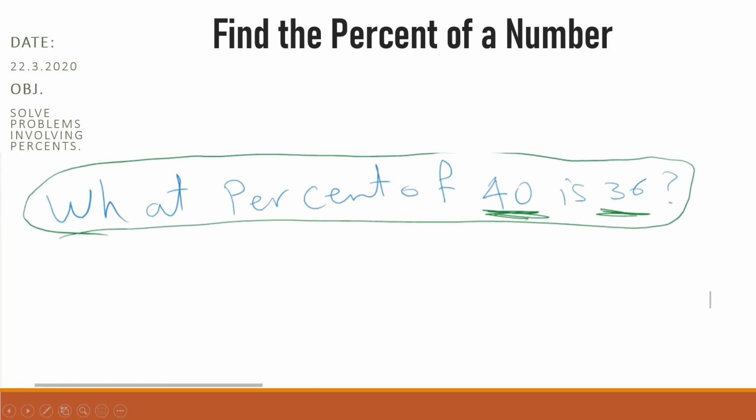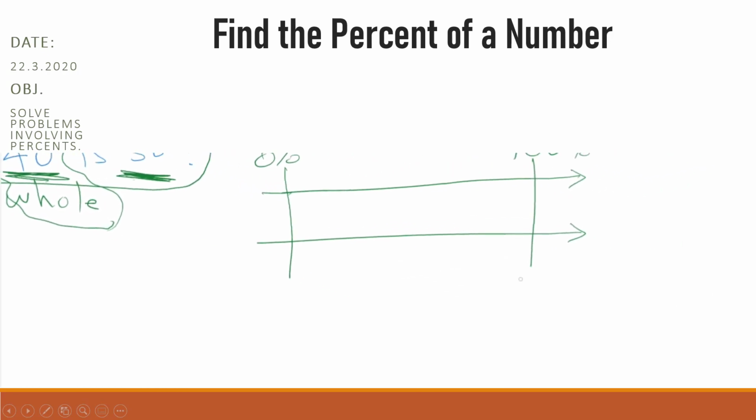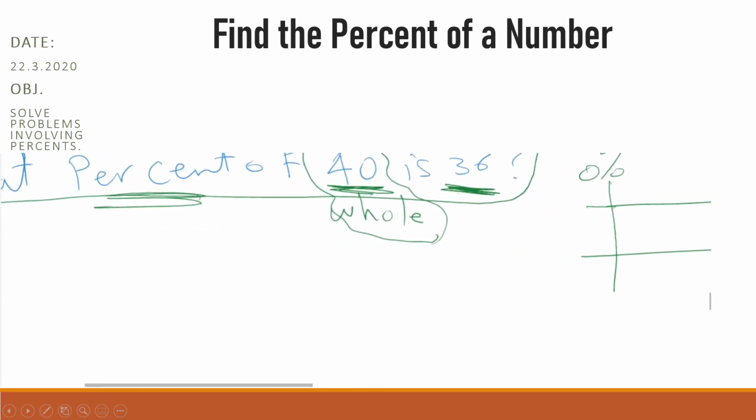Which one is the whole? What percent of 40? So 40 is the whole and 36 is the part. So 40 is equivalent to 100%, and 36 is equivalent to some percent.